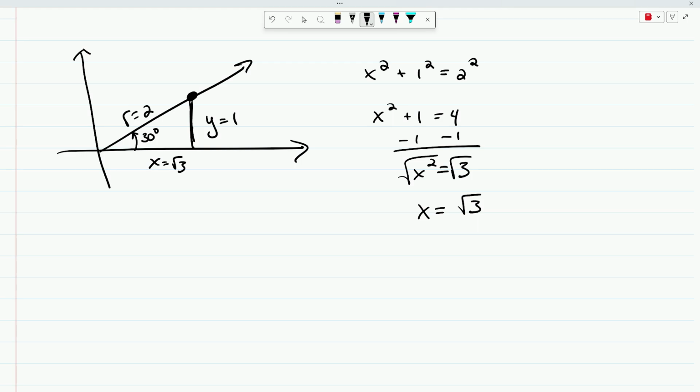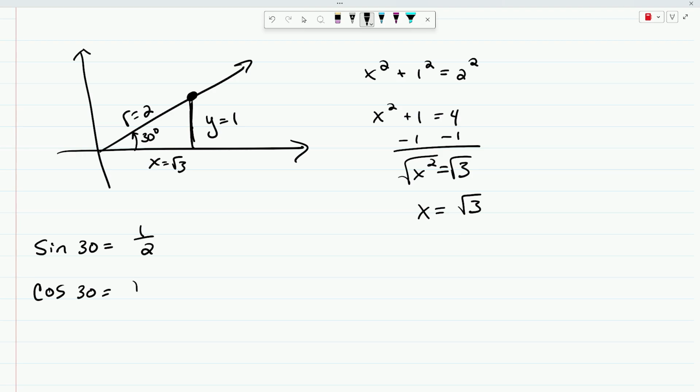So what we could say here is the following. The sine of 30 degrees, remember, opposite over hypotenuse. So the sine of 30 degrees is going to be 1/2. The cosine of 30 degrees, now remember, that is adjacent over hypotenuse.